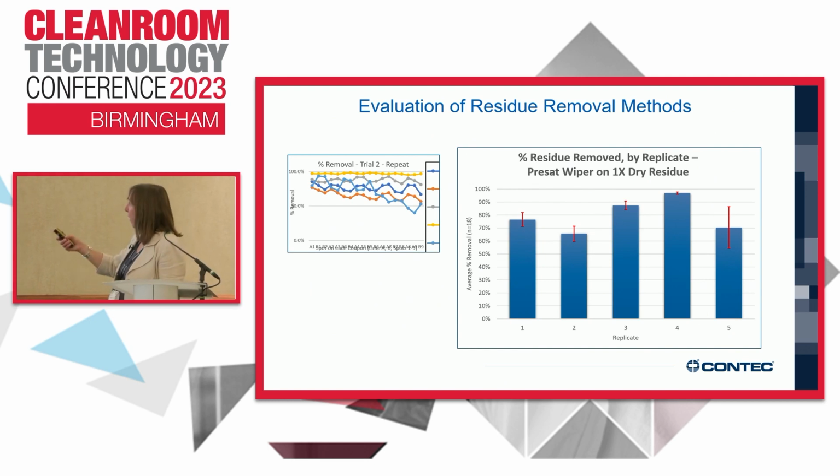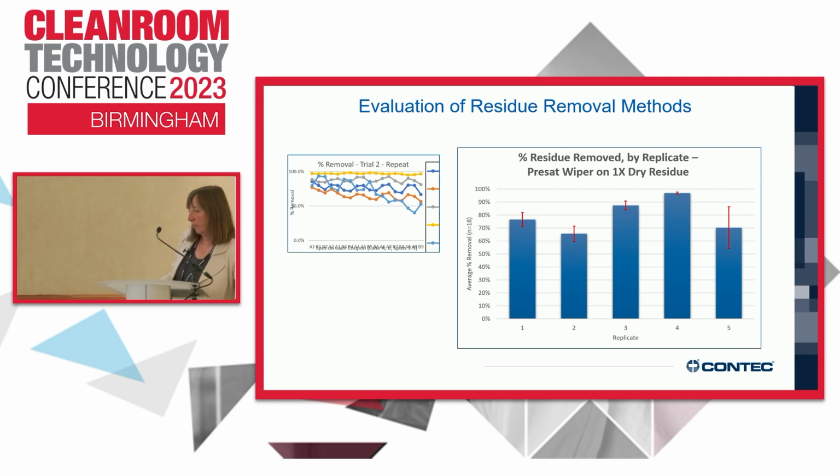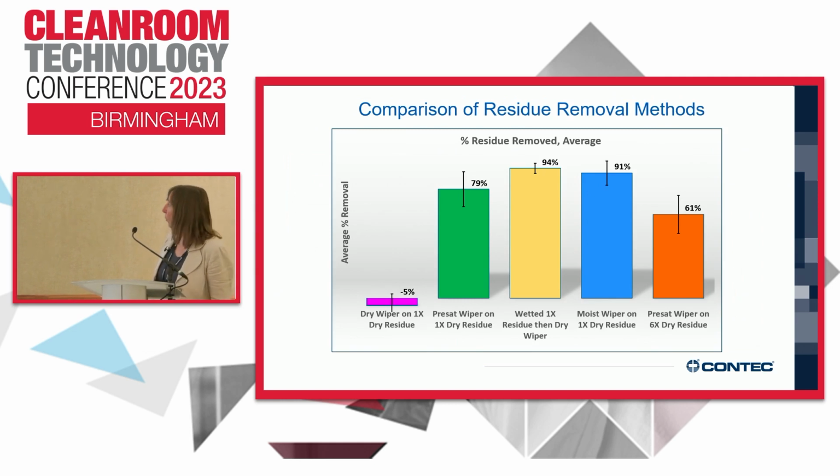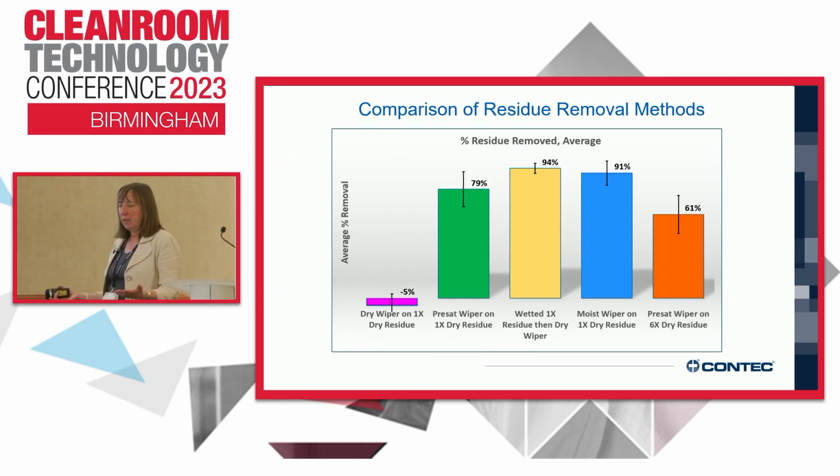These are the 5 samples where there was 1 layer of disinfectant and then a pre-sat wiper to remove it. When we look at all the different methods together, you can see, predictably, that a dry wiper on a dry residue is really not effective.